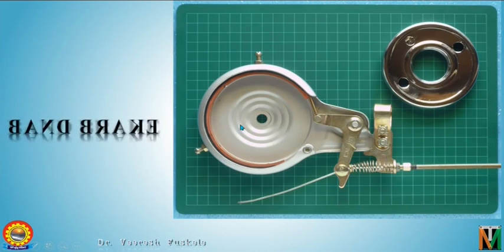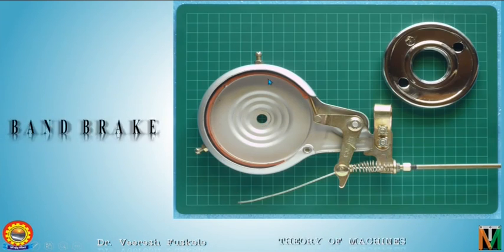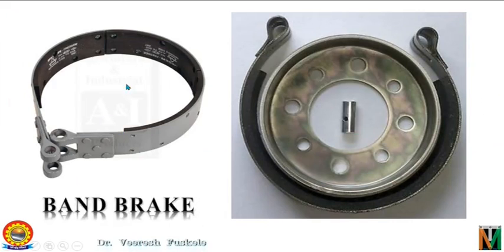This is the portion where the drum is placed. This is the band or the steel strap which is connected by this lever, and this is being pulled in the right direction when we are pressing the brake. So let's see how this functions. These are the typical bands. This is how the band is placed.